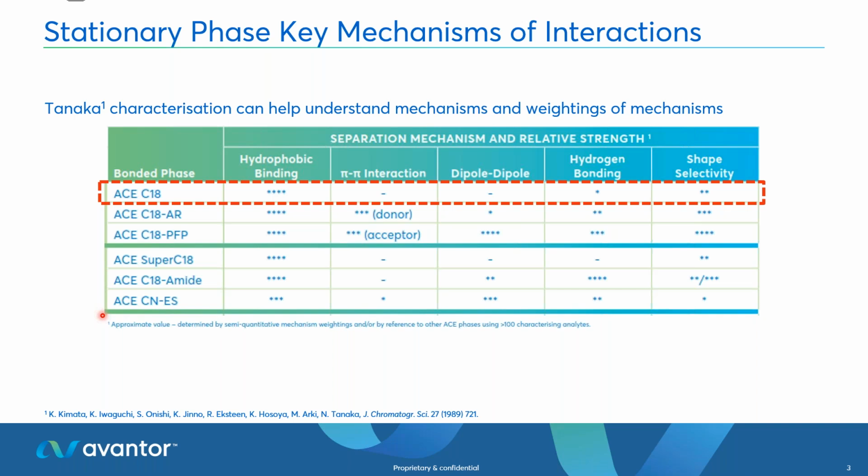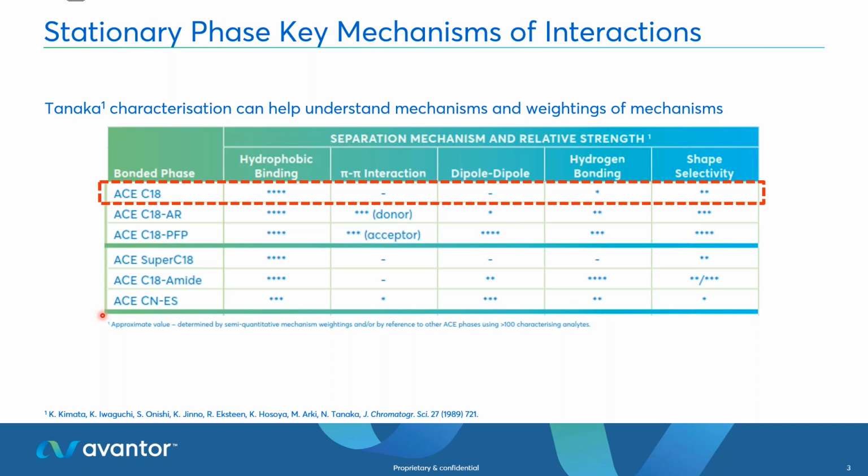One of the most simple ones is something that has been highly publicized, where you take probes and you run those probes down column A under one set of conditions, you run them on column B under the same set of conditions, and then you plot the retention times.